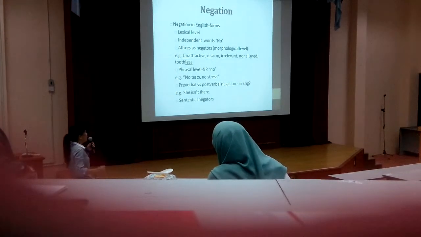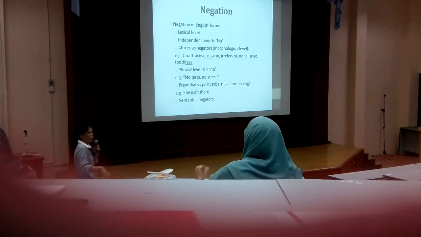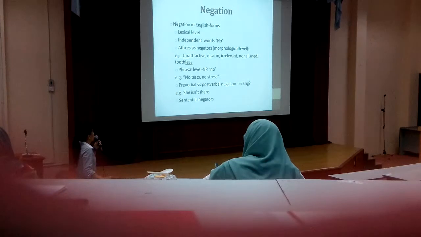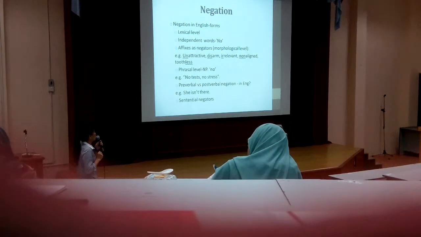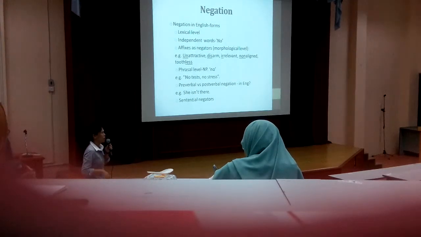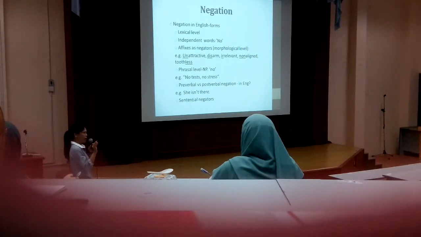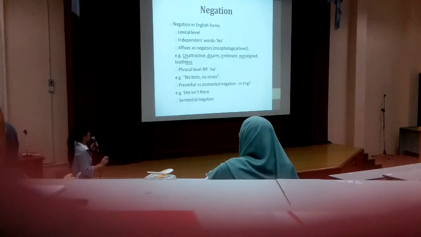Okay? Now in English, we can say no at the lexical level. No dear. Okay? No can exist on its own, an independent word, no. Affixes and negators at the morphological level. We can attach an affix and render the word negative. Attractive as opposed to unattractive. We just have to attach the affix. Okay, prefix.